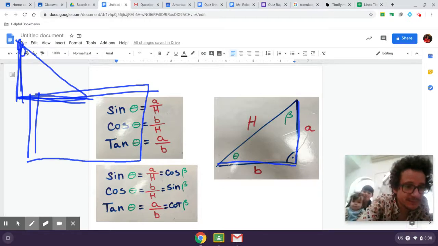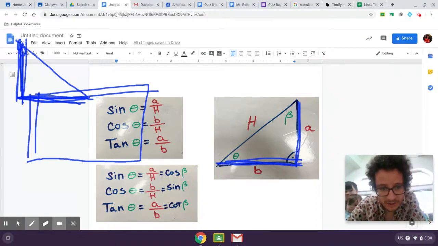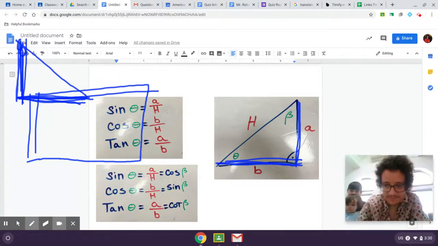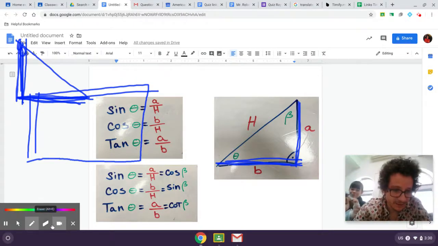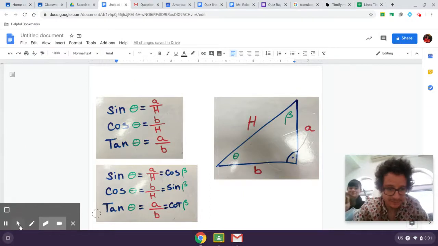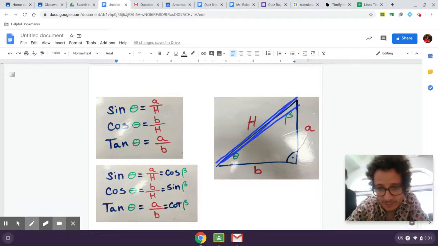So well, yeah, we normally know these two sides of the triangle. That's why sometimes it's easier to apply the tangent of an angle to find that angle, because then we will not need to calculate the hypotenuse.